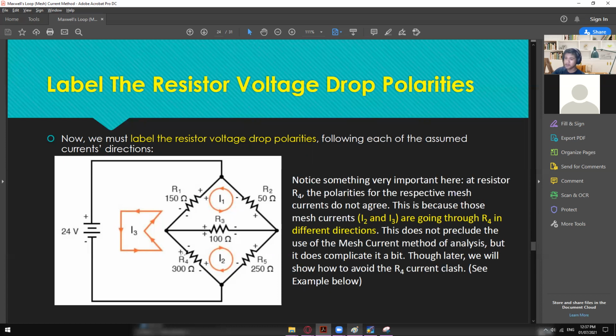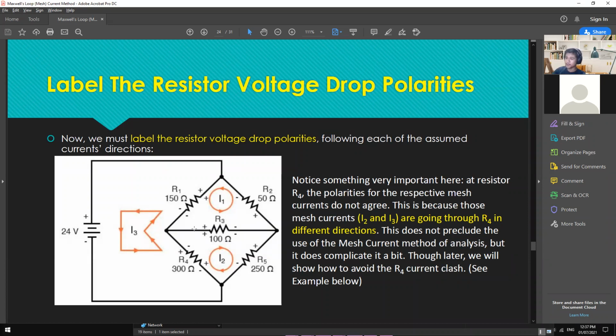However, in here, as you guys can see, we have negative, positive, and then positive, negative. So we now have two different polarities. So they are opposing each other. So as usual, the other one will become negative, or the other one will be deducted from the other current.